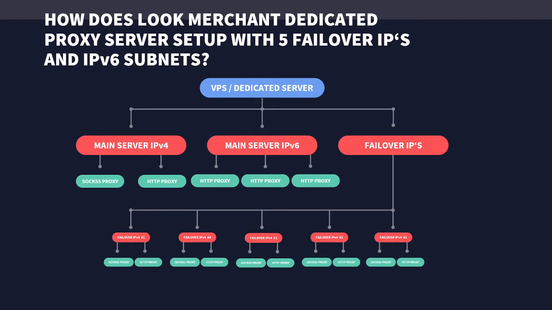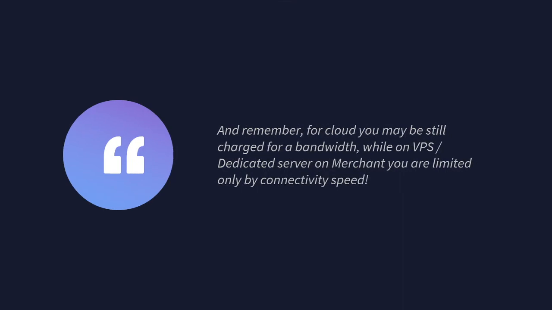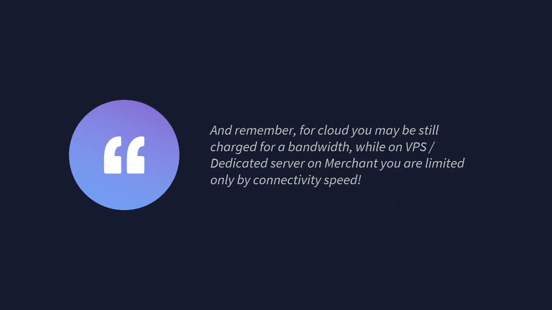So that's why IPv6 may not be as cool as you may think. Most providers for whom I have built templates have no bandwidth limit, only a connectivity speed limit.